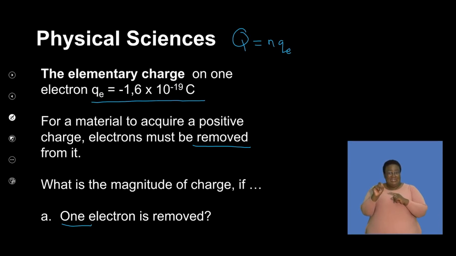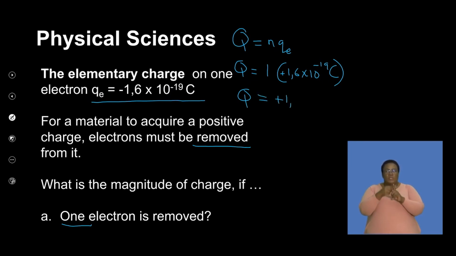So Q is equal to positive 1,6 multiplied by 10 exponent negative 19 coulombs. Remember that negative is for the decimal fraction, but essentially this charge is positive.